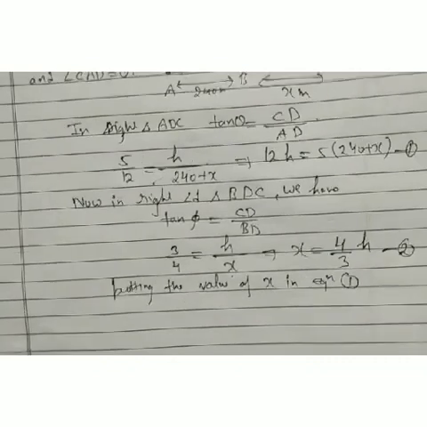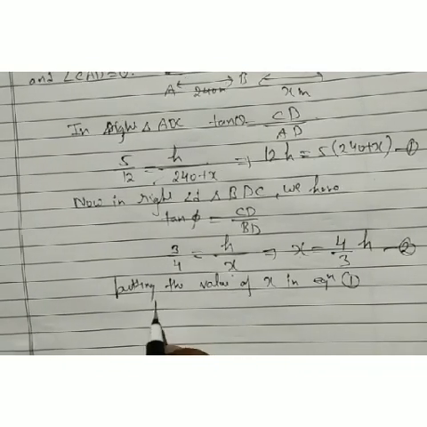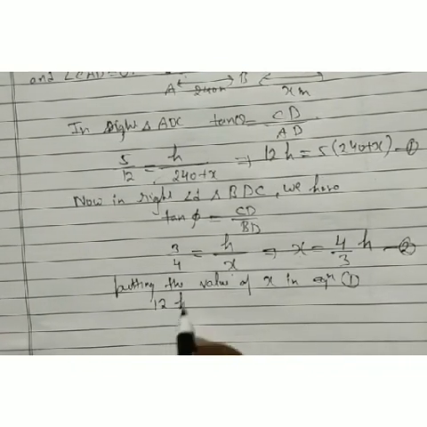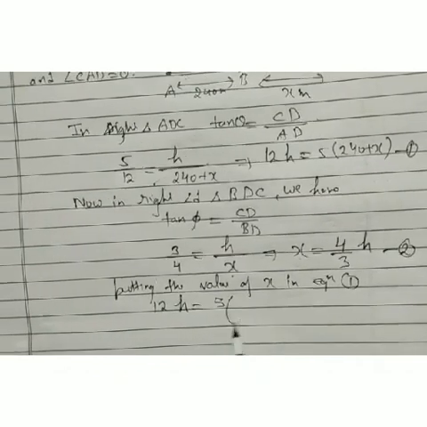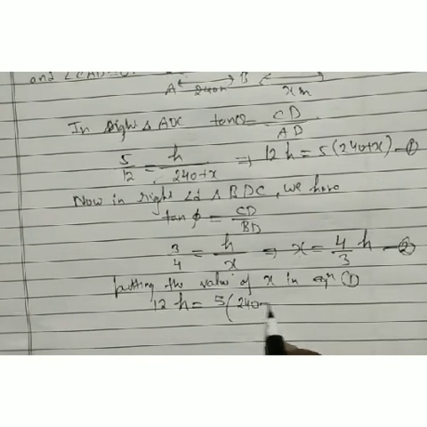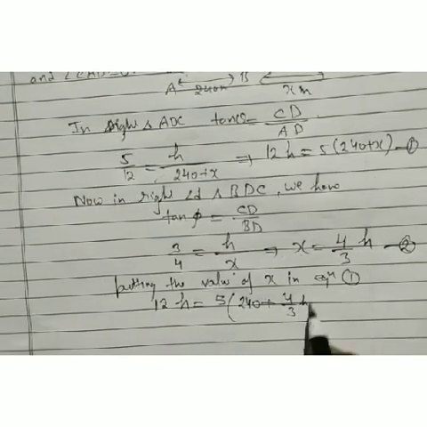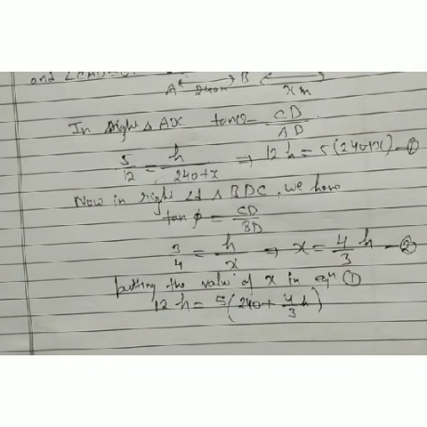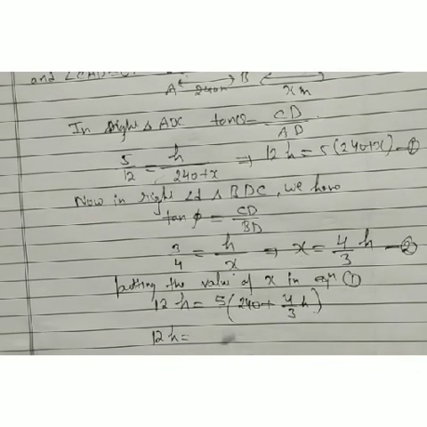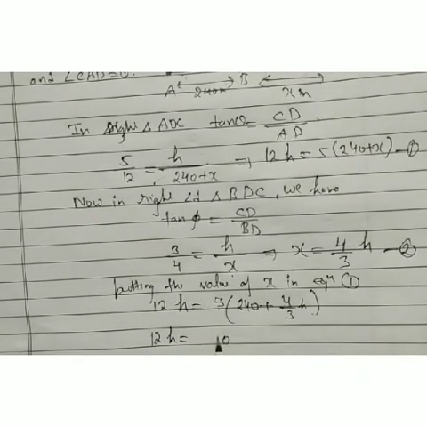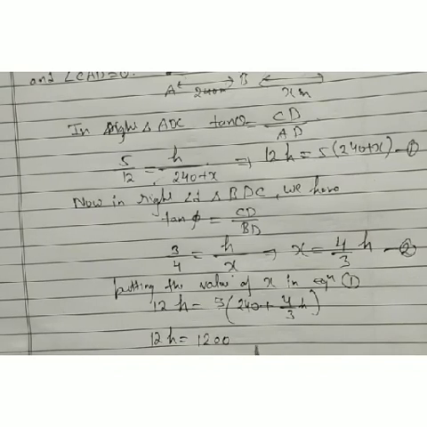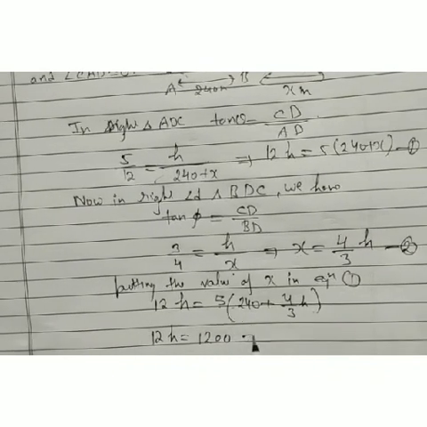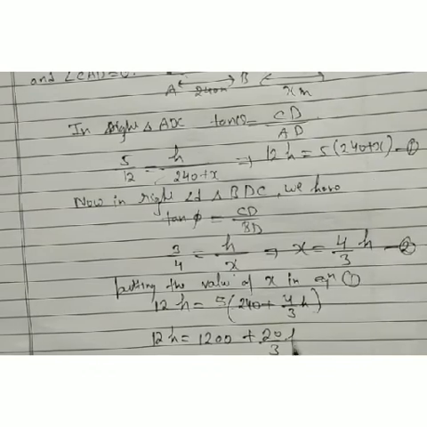And now what do we have? 12h is equal to 5 times (240 plus 4/3h). Now we multiply with 5 in the bracket. Then we have 12h equal to 5 times 240 is 1200, and 5 times 4/3h is 20/3h.